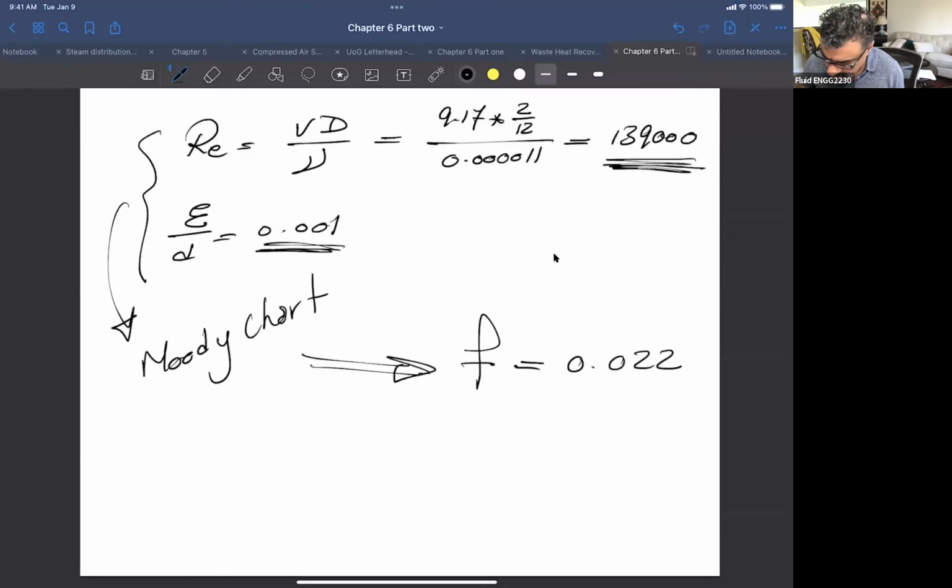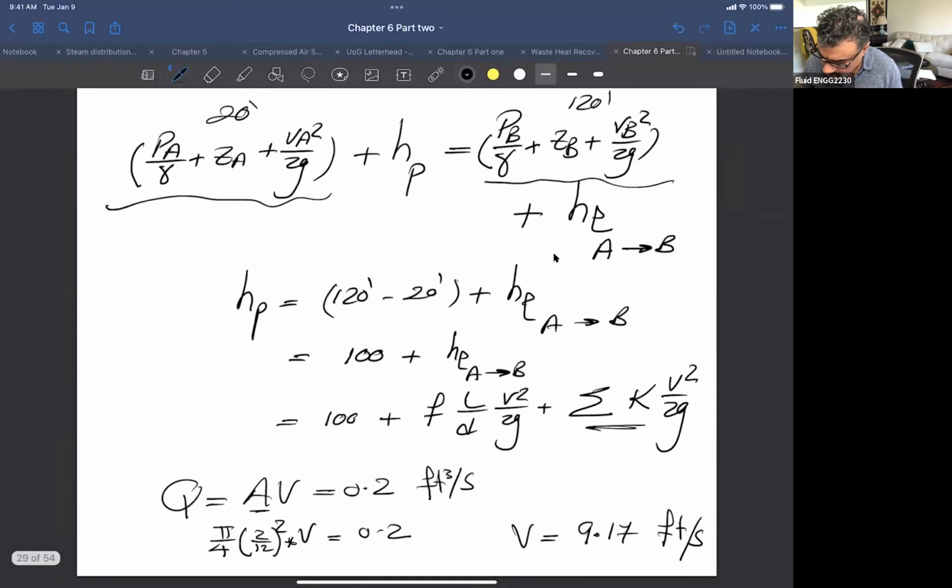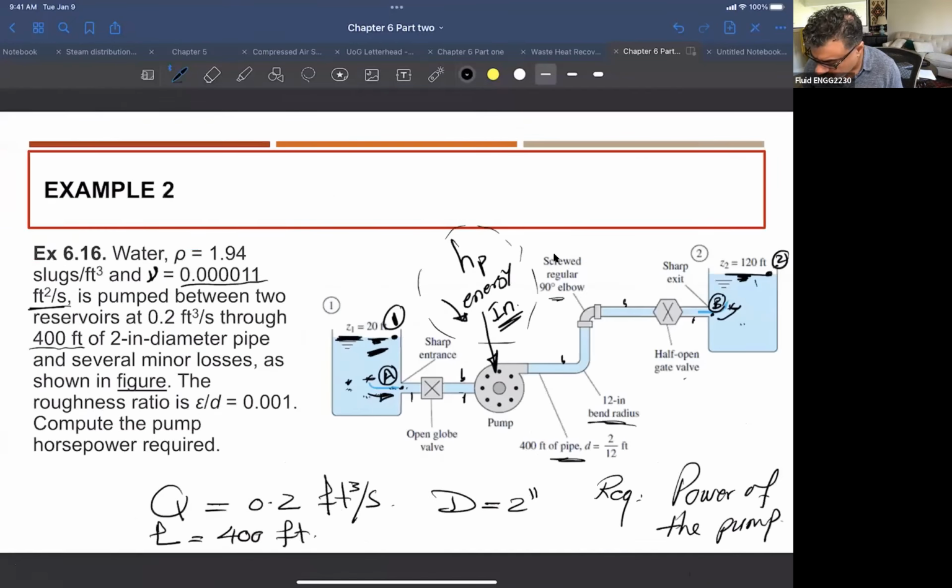What is new here is we know that in order to go from point 1 to point 2, or from point A to point B, I will have to go through multiple components, right? That is creating all these eddy losses, and the summation of these losses will be added together, right? So in this case, I need to find out the K first for the sharp entrance.